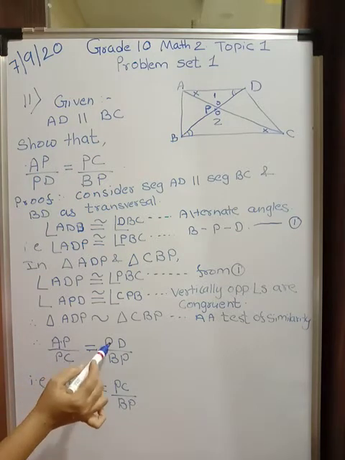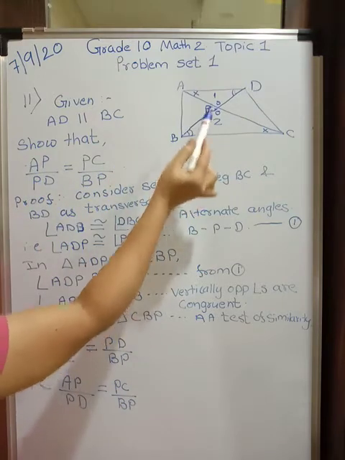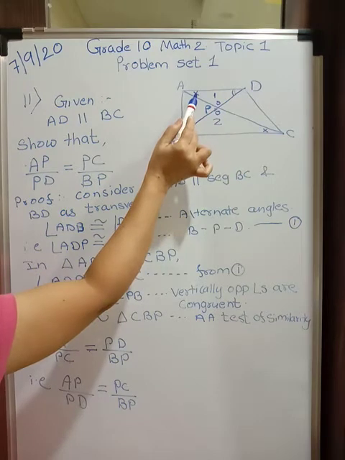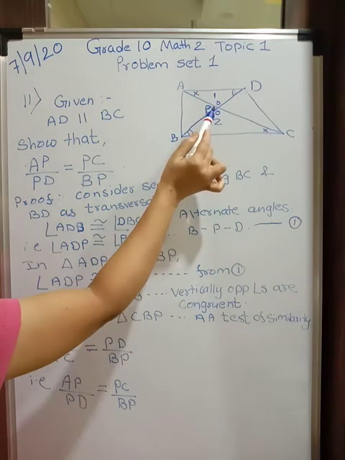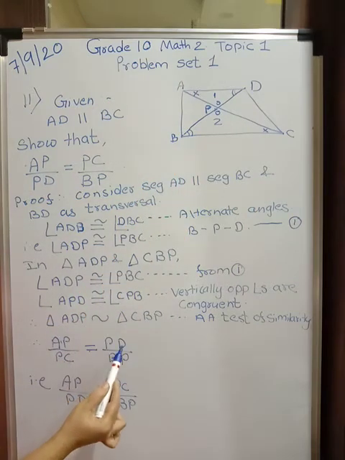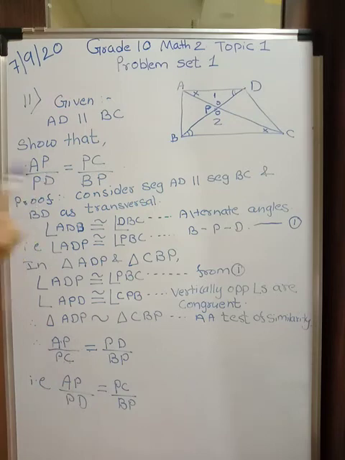That will be equal to PD upon BP. Where is PD? P and D. PD is opposite to this cross sign, and opposite to the cross sign is BP. So I have written PD upon BP. Once you get this, now look at this ratio and look at this ratio.